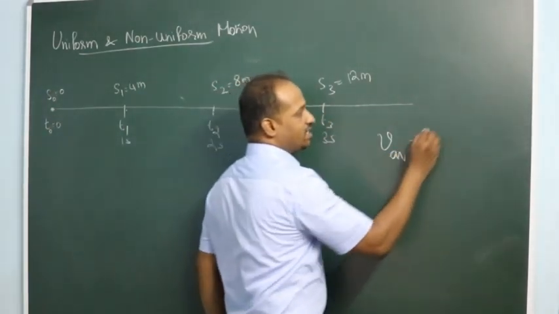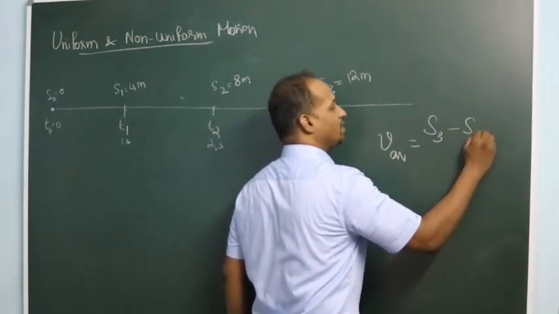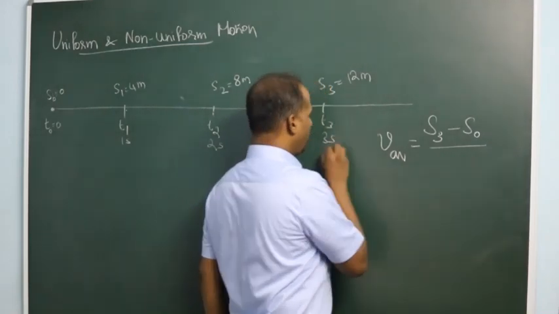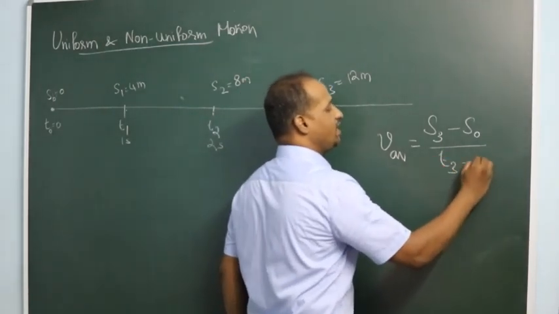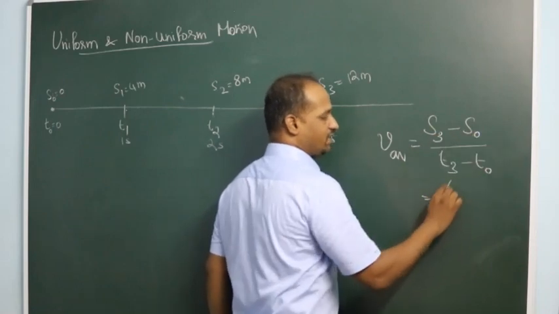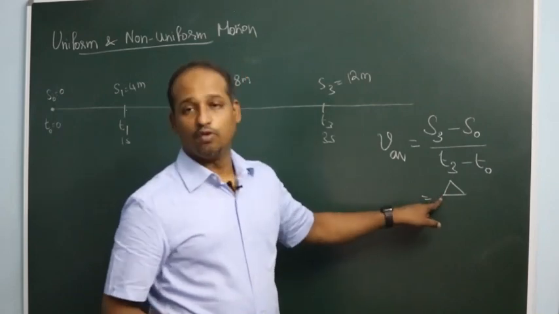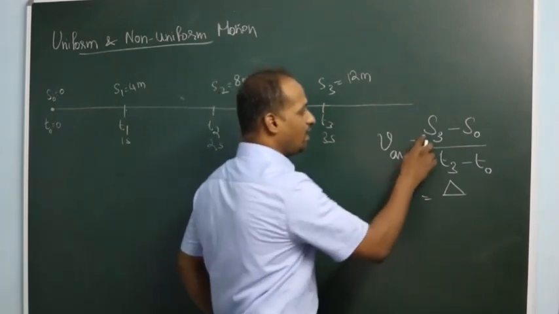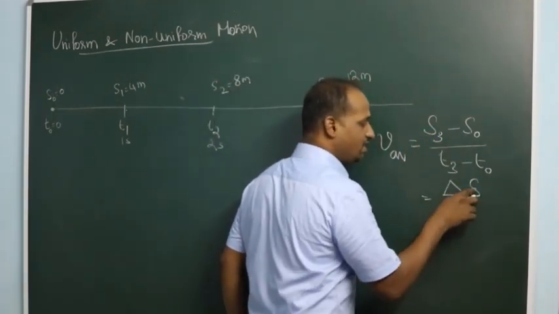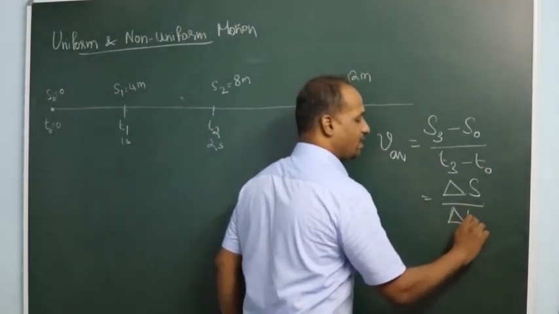So V average is S final, which is S3 minus initial position 0, by final time T3 minus initial time T0. This change in position is referred to by delta, which is the fourth Greek alphabet. So delta S means change in position, by delta T, the change in time.